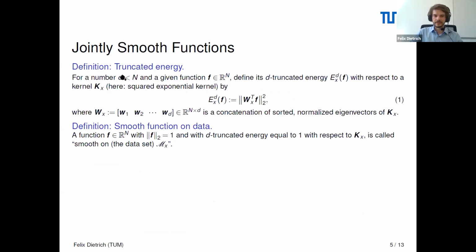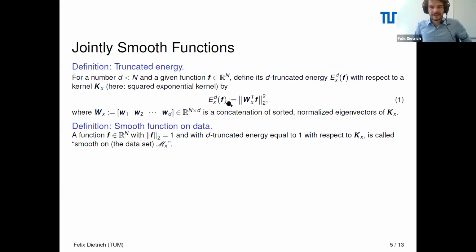For a certain number of eigenfunctions that we want to pick in a given function, which now on a data set of finitely many points n is just a vector, right? Because if we evaluate a real valued function on a data set of n points, then it becomes a vector. We define this truncated energy with respect to a kernel, kx, by this, right?